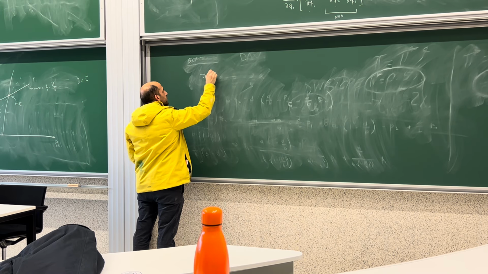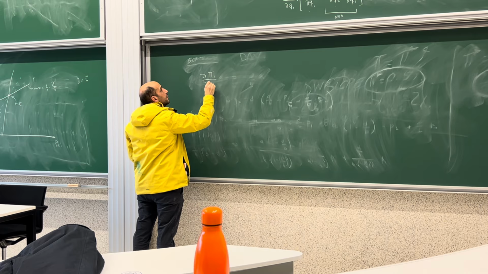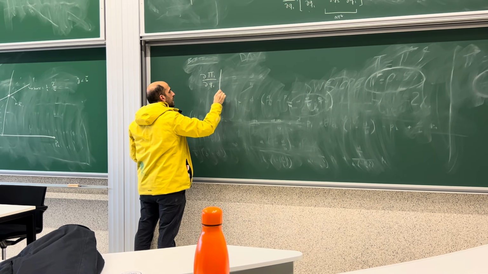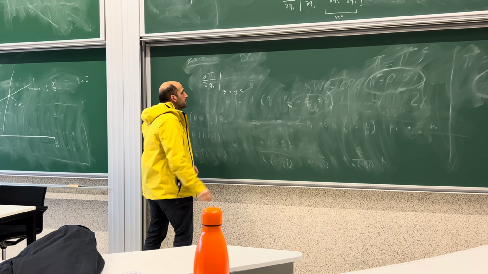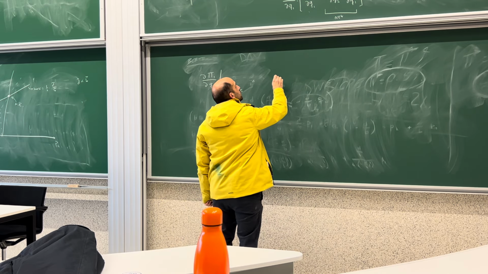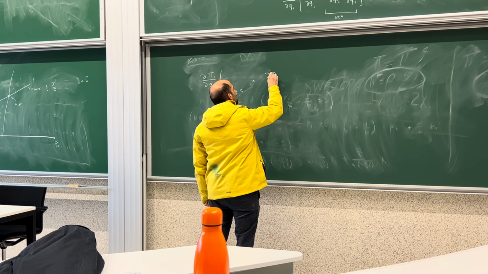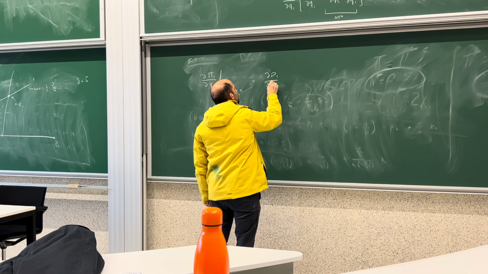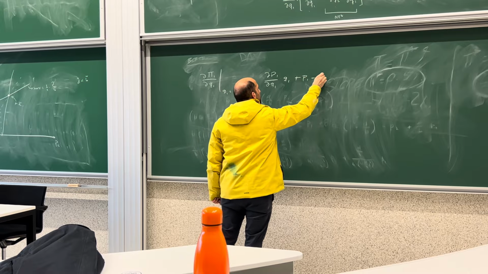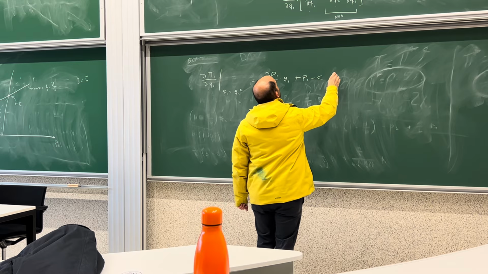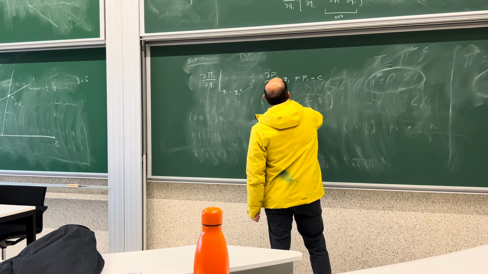If I evaluate this first order condition at Q1 equals Q1 Cournot, then that's going to equal dP1 over dQ1 times Q1 plus P1 minus C plus the new term. This is the old stuff.